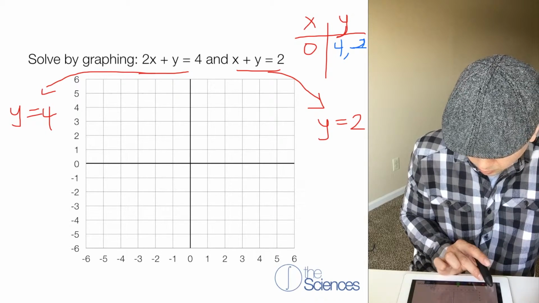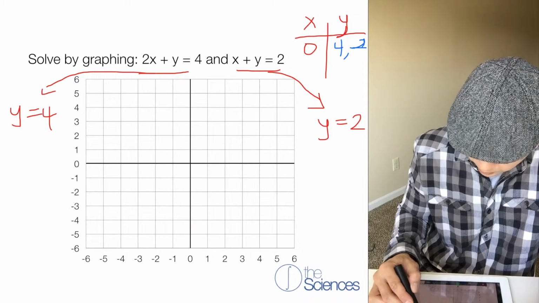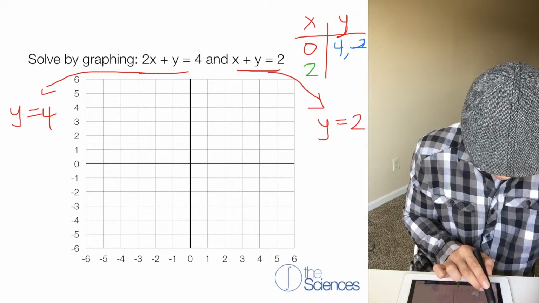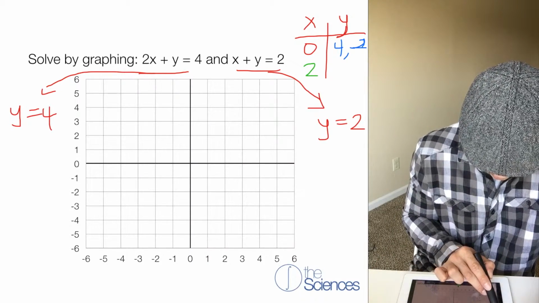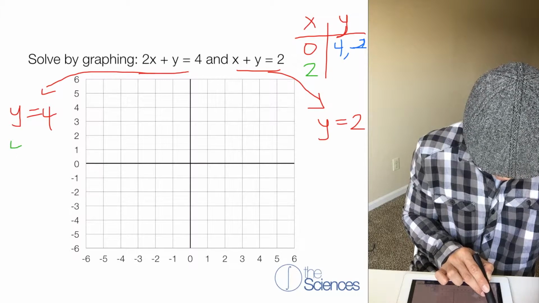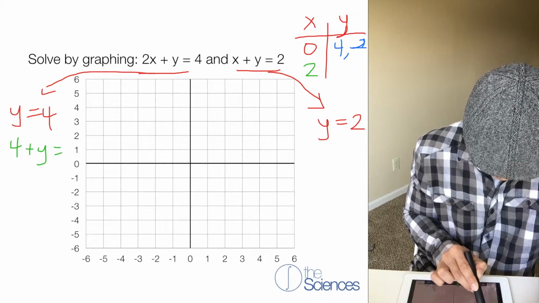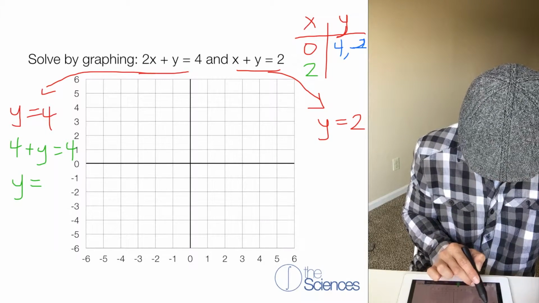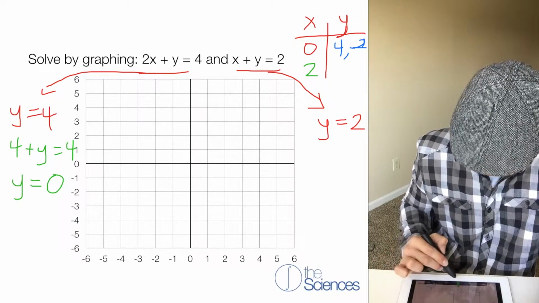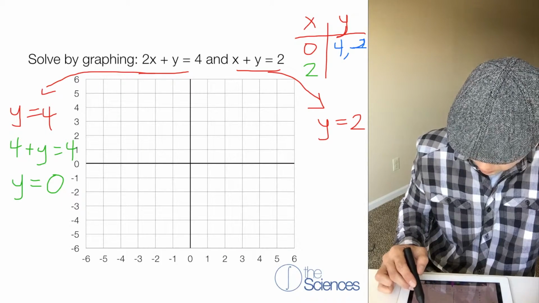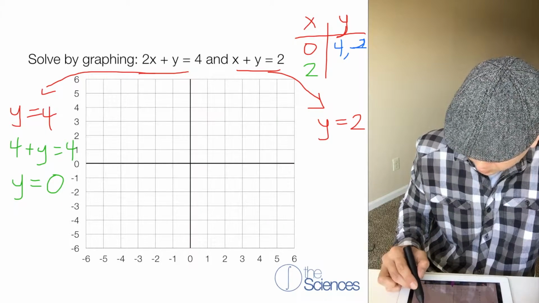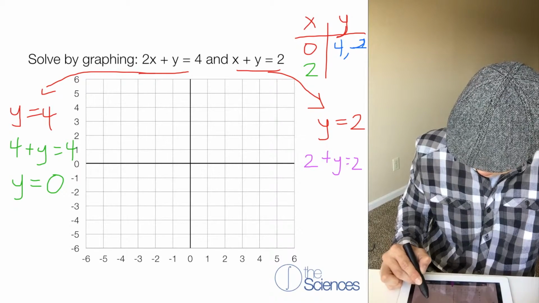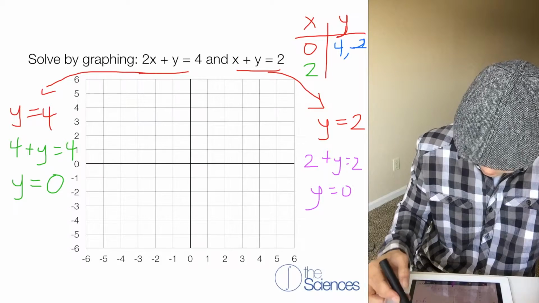When x is 2, what is y? So here we have 2 times 2 is 4, plus y equals 4, and then y equals 0. Now here, when x is 2, we have 2 plus y equals 2, and y equals 0.